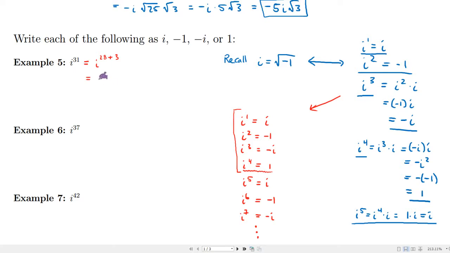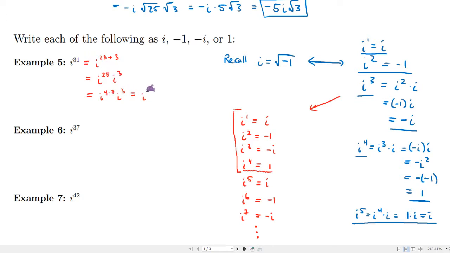And so what is this? Well, this becomes this. Now, why did I do that? Well, I to the 28, this is 4 times 7, isn't it? So what I just did was figure out the closest multiple of 4 to 31 that's a little bit less than it, right?